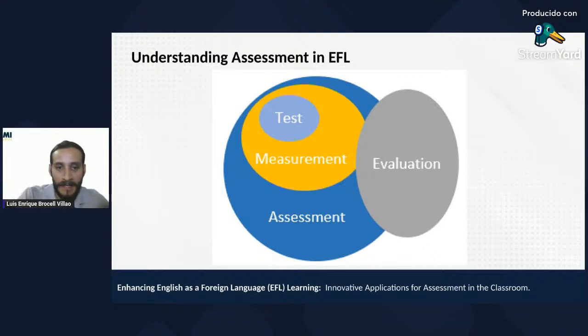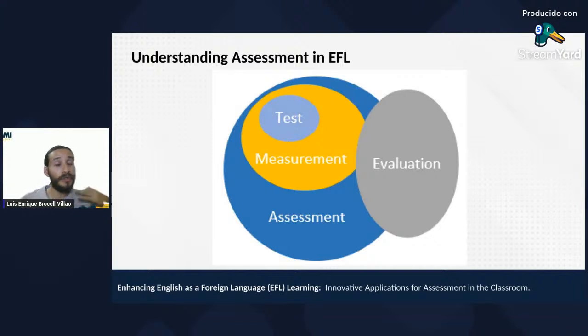First of all, the test. The test is a specific tool, or we can call it an instrument, that we use to measure a particular aspect of a student's knowledge, skills, abilities. Tests are often designed to assess a predefined set of learning objectives or outcomes.